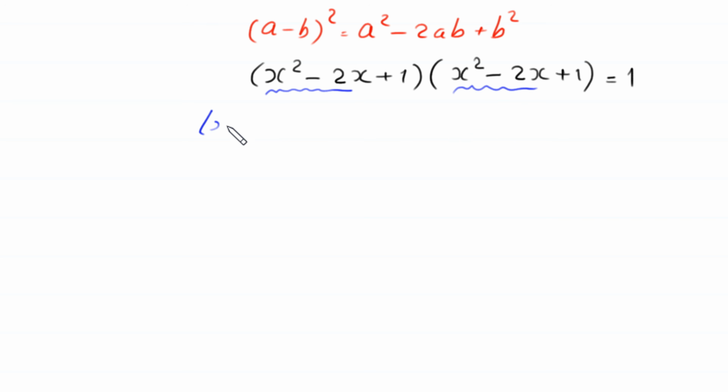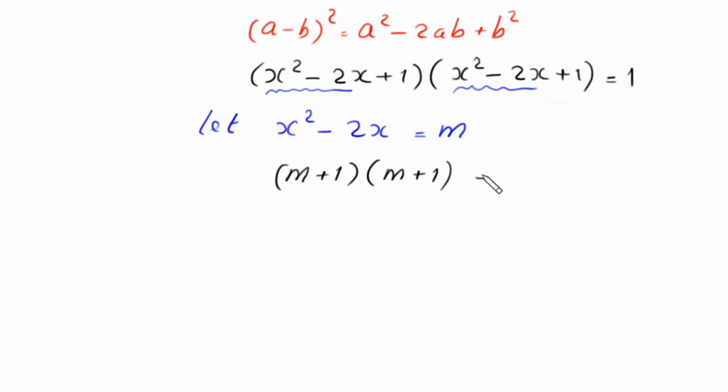So we suppose that let x squared minus 2 times x is equal to m. When we substitute m in this equation, then this equation will become m plus 1 times m plus 1 is equal to 1.